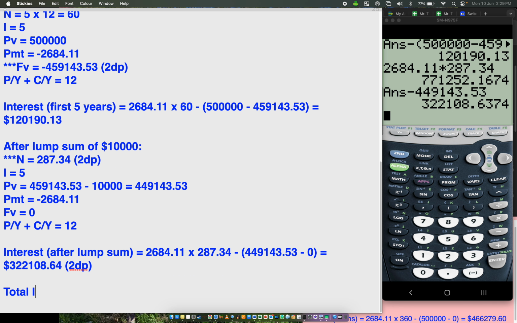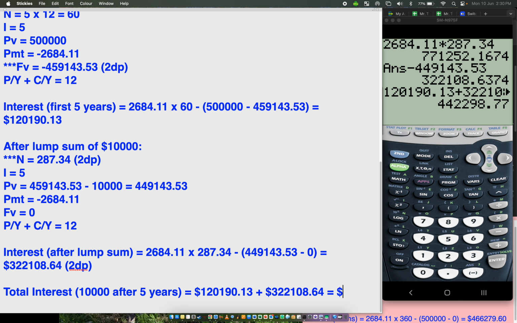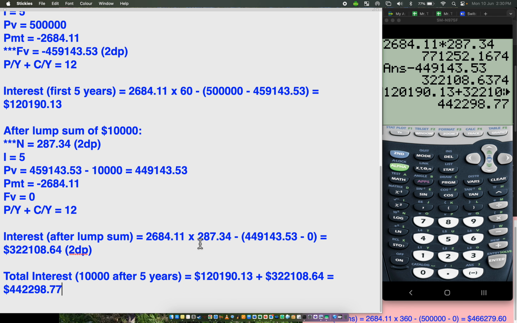So what is the total interest? The $10,000 after 5 years is going to be this plus this, which equals 120,190.13 plus 322,108, which is 442,298.77.